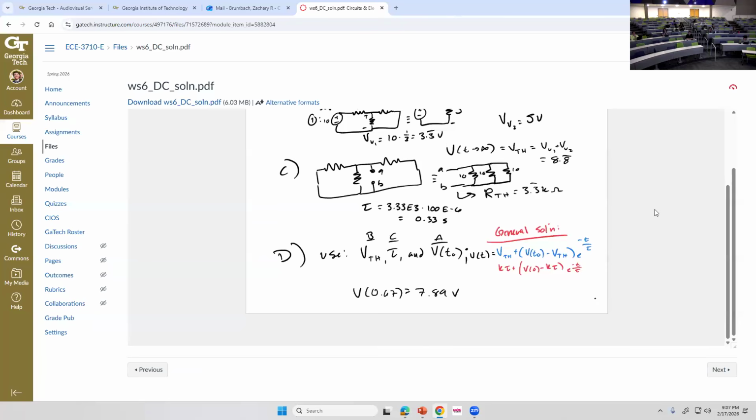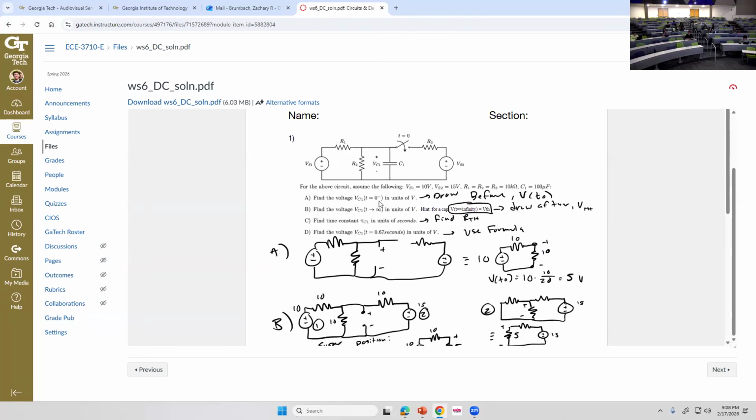As t goes to infinity, this exponent will keep getting smaller, so this whole side will go to 0. With the negative in front, negative infinity, e to the minus infinity is 0, and this whole right part crosses out. As we go to t equals infinity, we get V Thevenin. That's what this equation actually means and why we're asking for those limits of 0 and infinity in the first place.